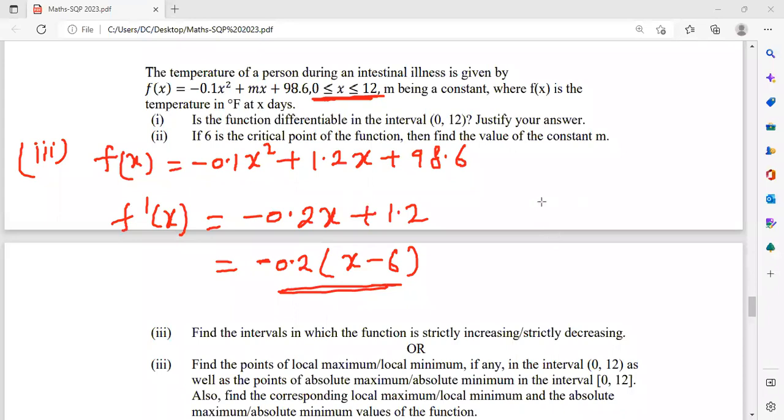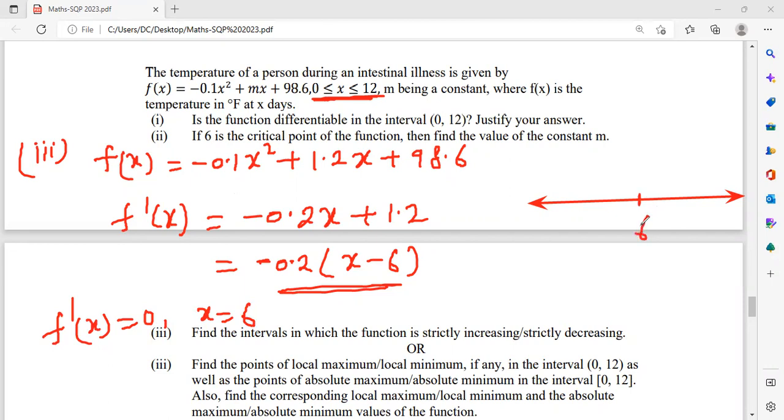Now to show increasing and decreasing, f'(x) equal to 0 gives you x equal to 6. They already said that 6 is the critical point. So this is the critical point, x equal to 6.